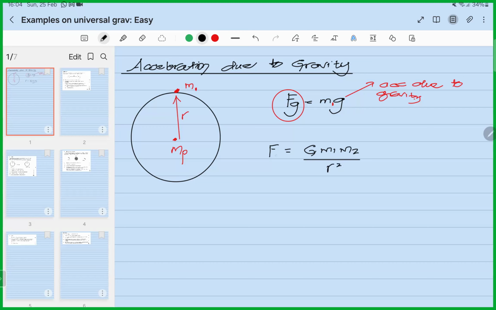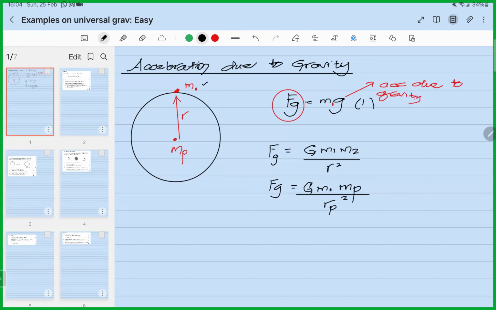But this force here now is not just any force, it's the gravitational force of M1. So that's going to be G, mass 1, which is the mass of the object placed on Earth, mass 2, which is now the mass of the planet, and R, which is specifically now the radius of the planet, squared.